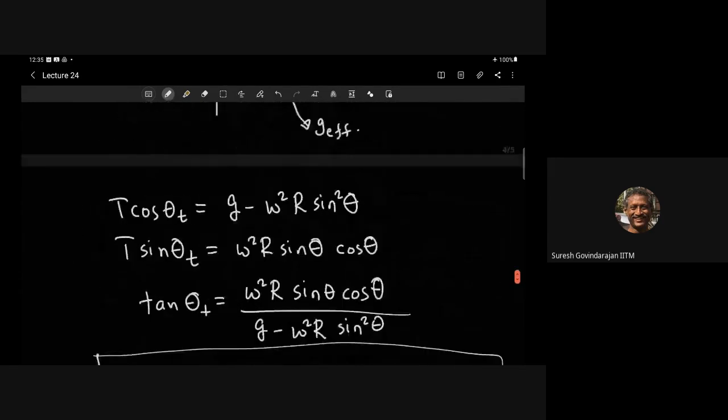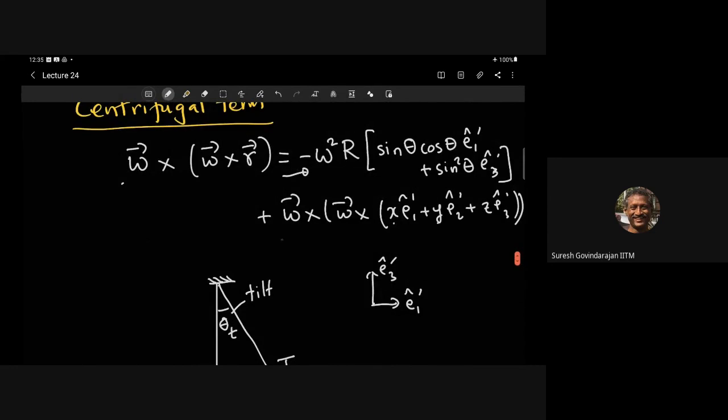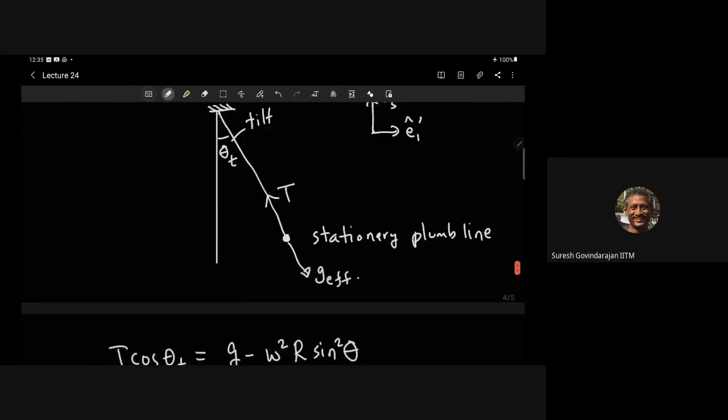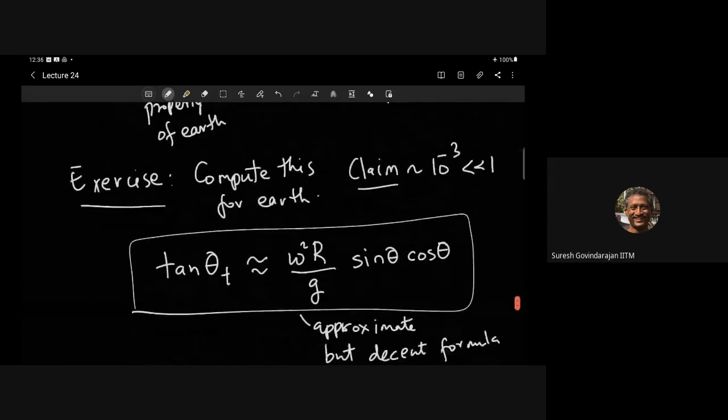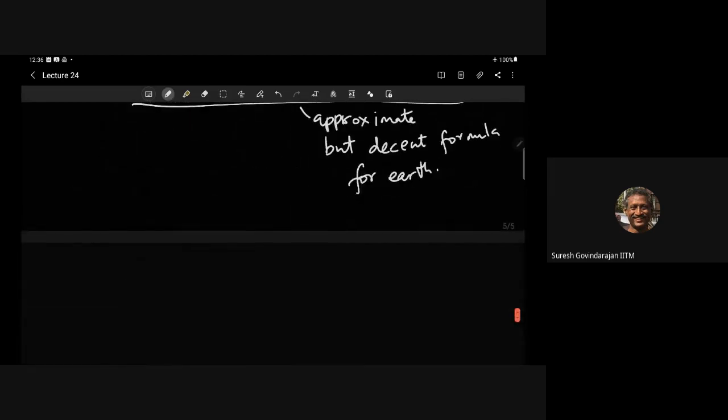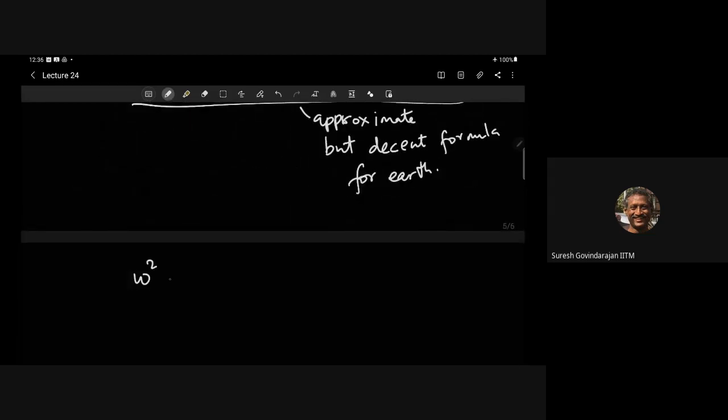And we can also do one more thing, that there is this term here. What is the dimension? There is something which is omega square times displacement.